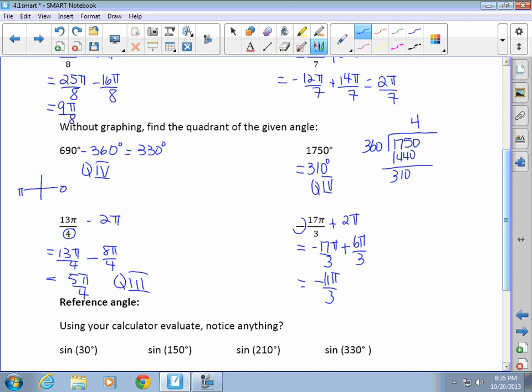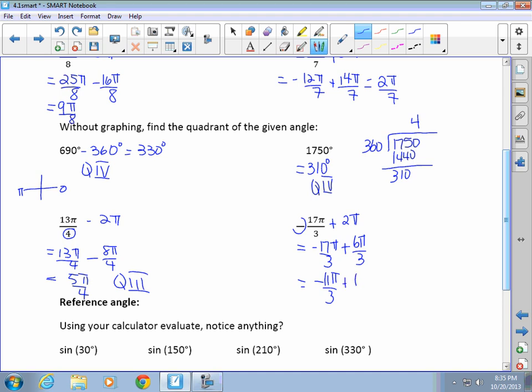Okay, but negative 11 pi over 3 still isn't a principal angle because that is still more than 2 pi, because 3 goes into 11 3 times. So then I have to do it again.